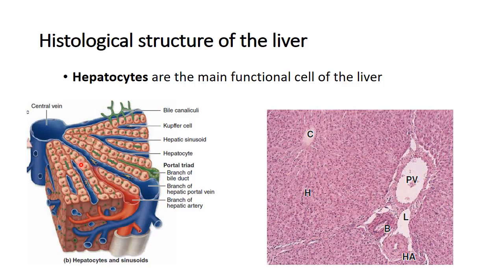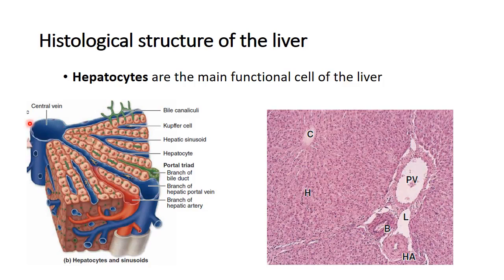They are always busy cells with a number of functions: secretion, absorption, synthesis of plasma proteins, synthesis of many other proteins important for the body. So they need a large number of mitochondria and a large number of other cytoplasmic organelles. That's why they appear eosinophilic in staining.